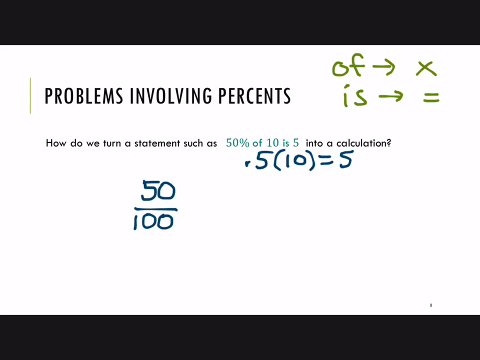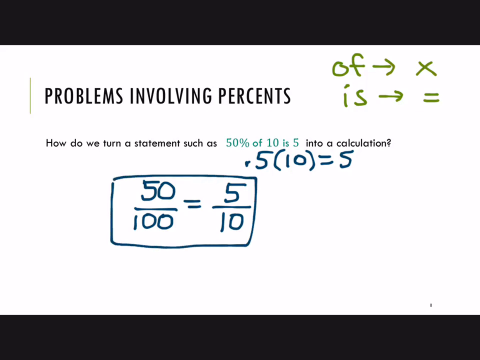And you may notice that that's the same thing as if you took 5 and divide it by 10. Both of those are equal to 1/2, or they are equal to each other. Right? So what we have here is a proportion, and a proportion is just two ratios or fractions which are equal, but they just look a little bit different. Right? And both of these are the exact same thing. They're just manipulated a little bit. They look a little bit different.